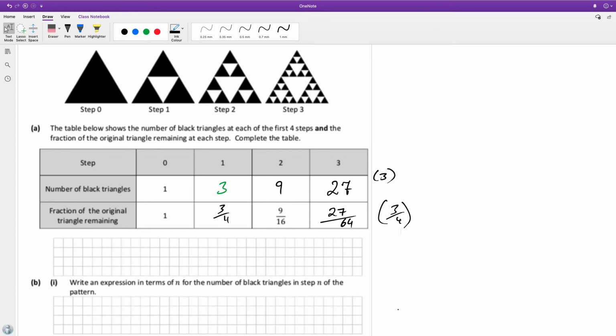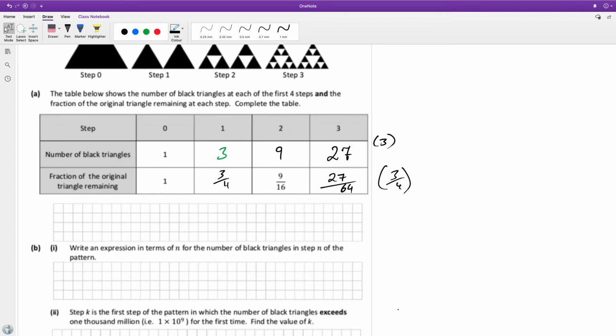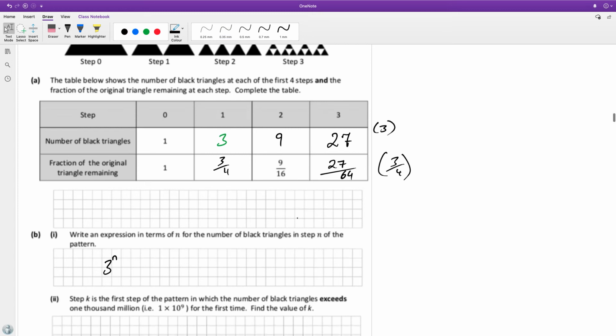What do you reckon? 3n or 3 to the power of n? 3 to the power of n. Alright, very important. How do I know that? 3 to the power of 0 is 1. 3 to the power of 1 is 3. 3 to the power of 2 is 9. 3 to the power of 3 is 27.